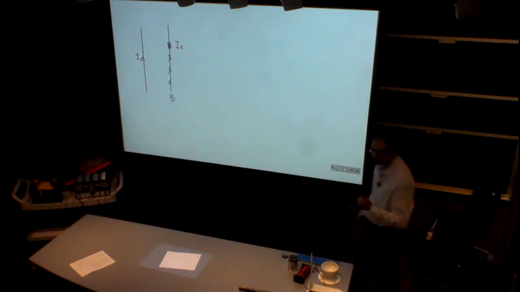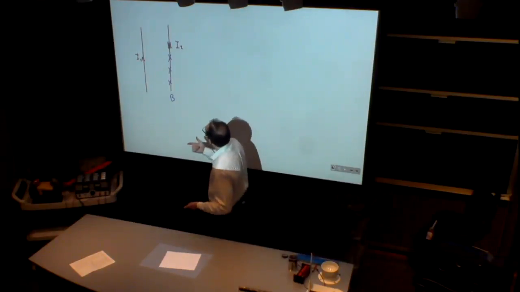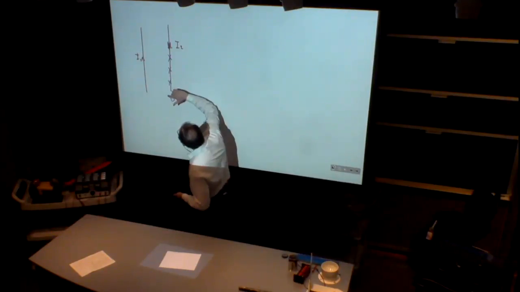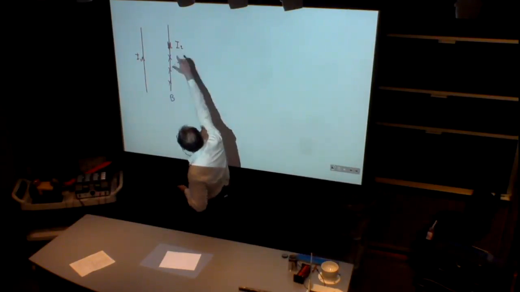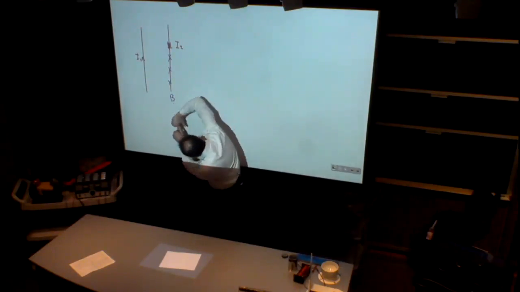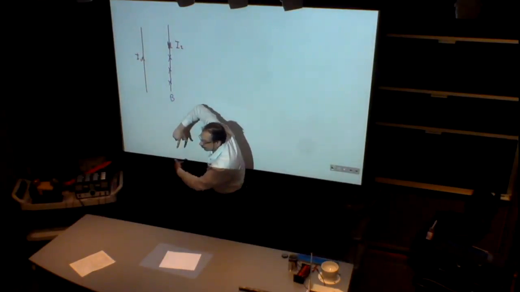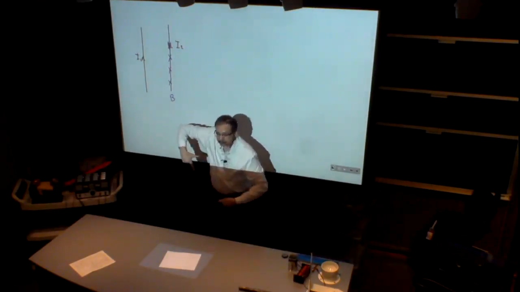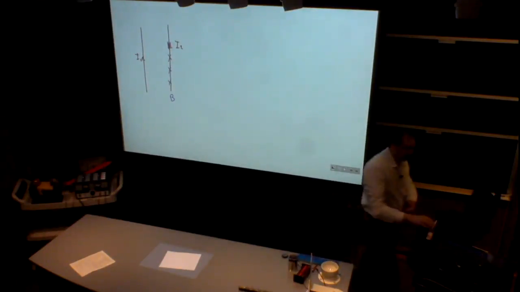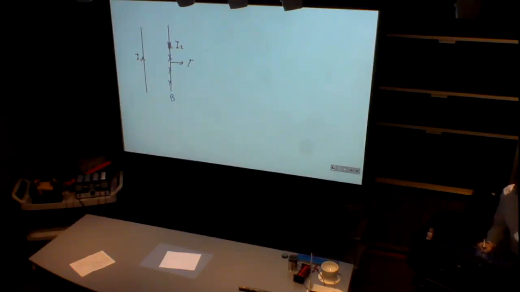Now we have to use the right-hand rule for the force acting from the magnetic field on the wire. That's kind of hard. So I have to turn the finger down: magnetic field, current, force acting on the second wire points to the right.